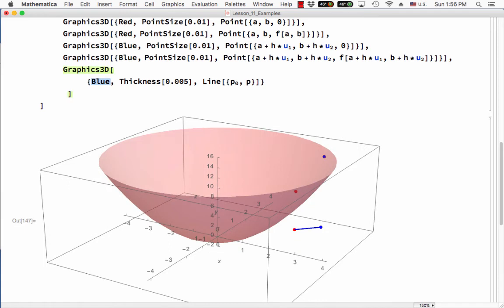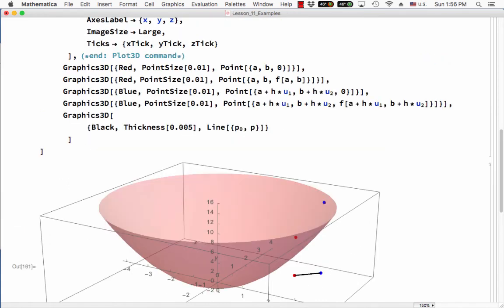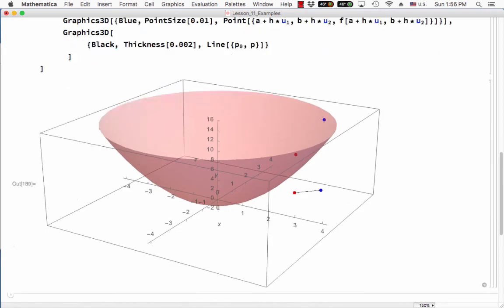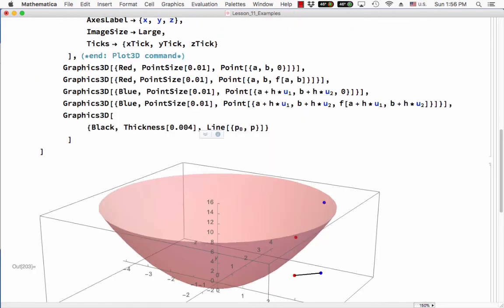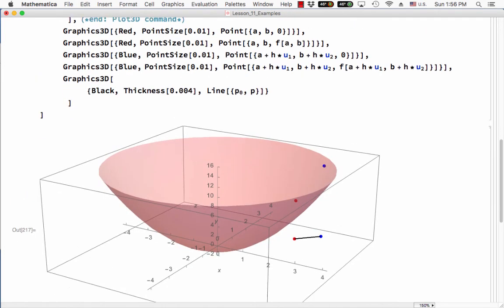All right, let's do that in black. All right, and that's a little bit too thick for my taste. It's still a little too thick for my taste. I think in the previous video when we did this, we actually did this in red. So let's do the domain space in red.